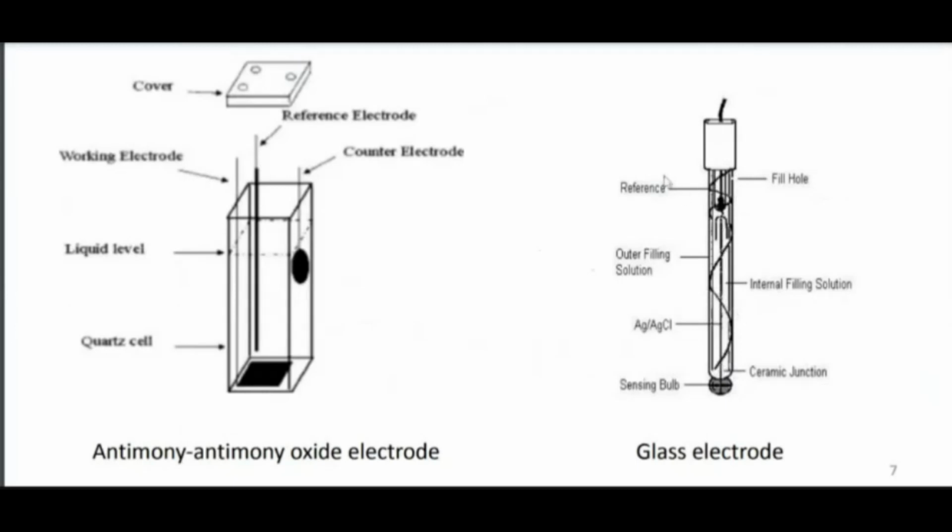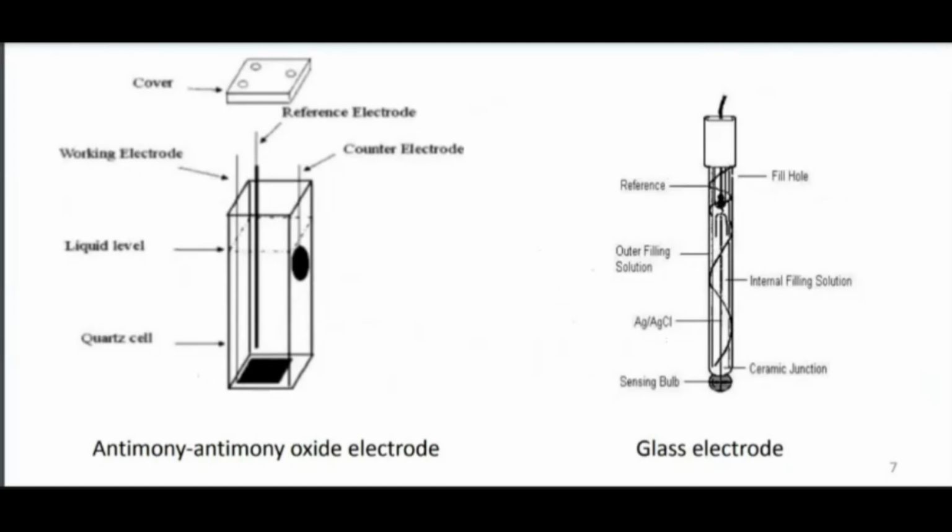It is your reference wire. At the center you have a tube in which one wire is suspended. This is the silver wire dipped into AgCl solution. So this is the internal filling solution. So there is a tube inside a tube where AgCl solution is present. Then there is one outer fitting, and to refill the solution you have a fill hole over here.